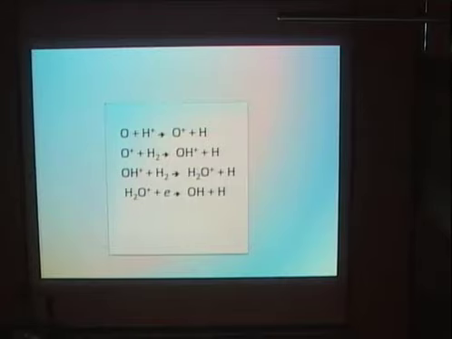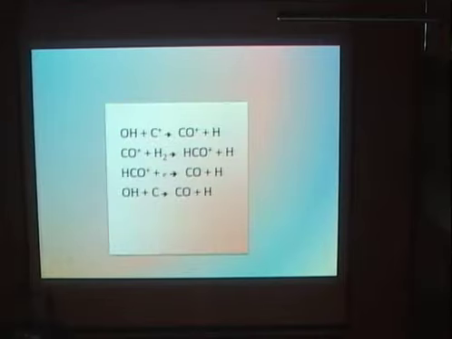So those are the reactions that produce OH. Now from OH, reactions with carbon and carbon plus make CO. So this is the essential chemistry that makes carbon monoxide and the hydroxyl radical.